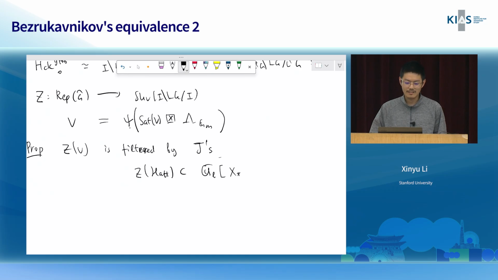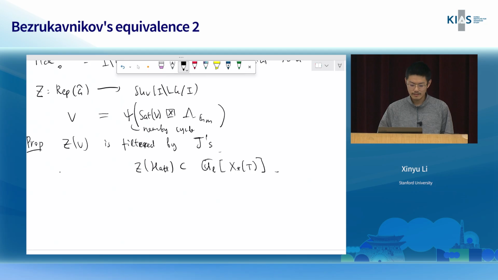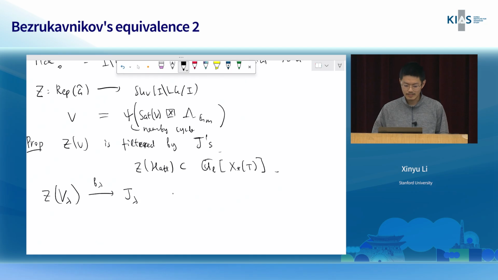Psi is nearby cycles. Okay, and furthermore, if you take V to be V_lambda, the highest weight representation of G hat of highest weight lambda, then there is actually a natural map, which I denote by Z_lambda to J_lambda, which corresponds to taking the top of the Wakimoto filtration.